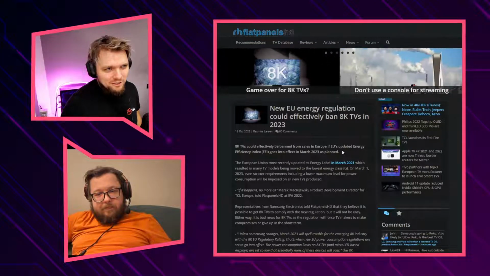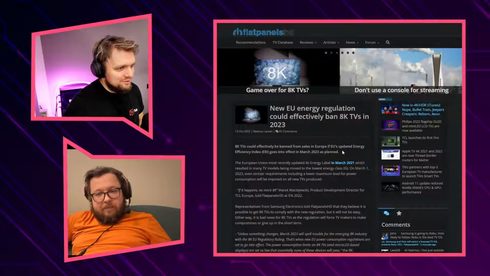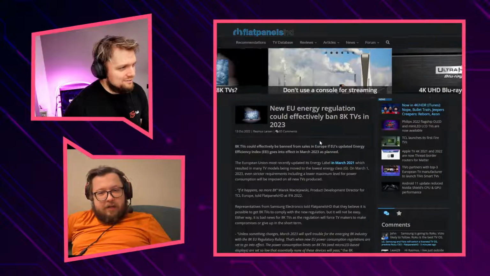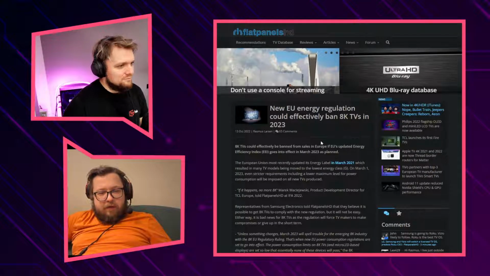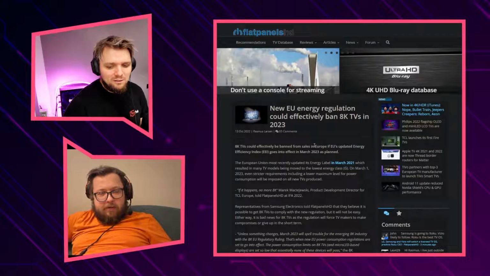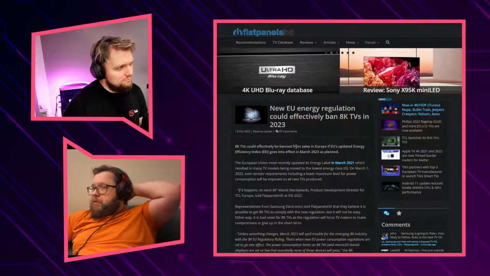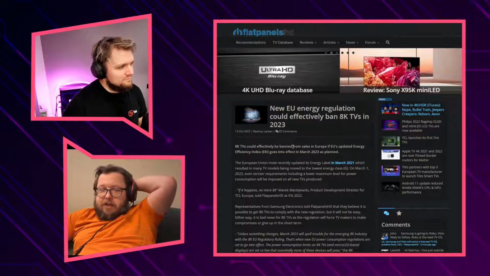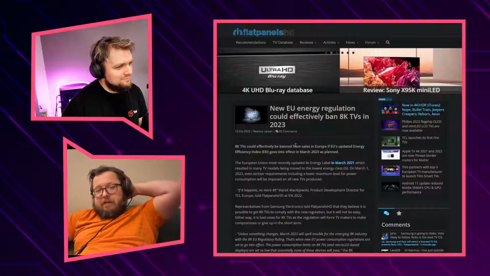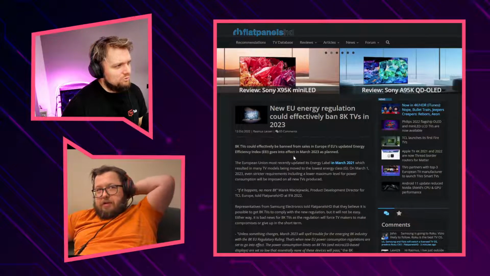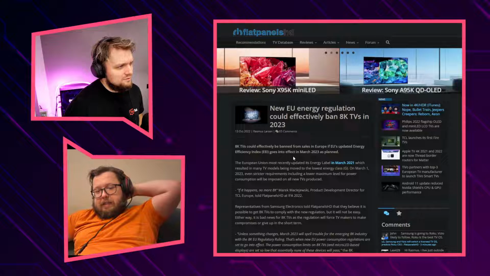Most people have normal-sized living rooms though, so there's effectively a size limit. What size panel do you have? I have a 65-inch. We have a 55-inch here. Hypothetically, I guess a 65-inch could work in our apartment, but that is like the maximum.